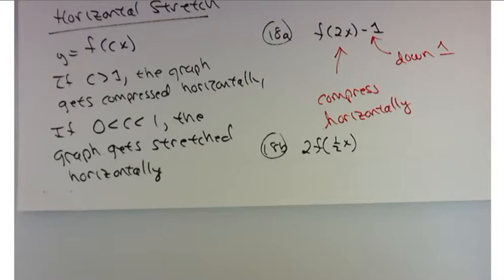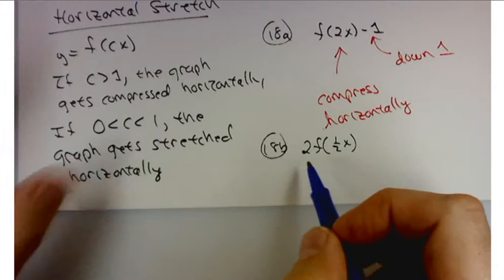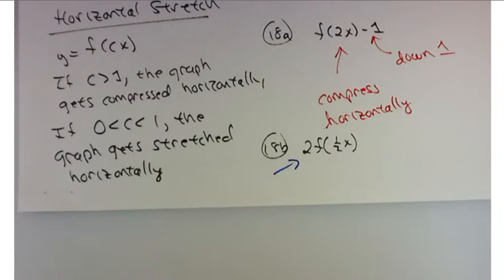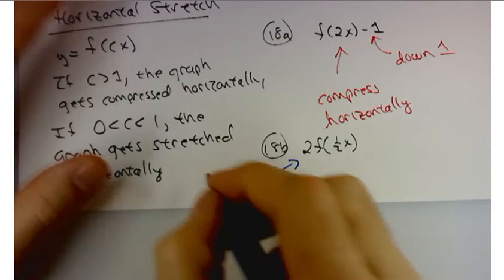Let's start outside the parentheses, or outside the function. What's the 2 going to do to the graph? Good, stretch it vertically. So stretched vertically. How about the 1/2 in there, Erica?